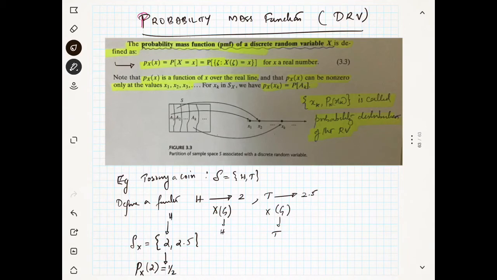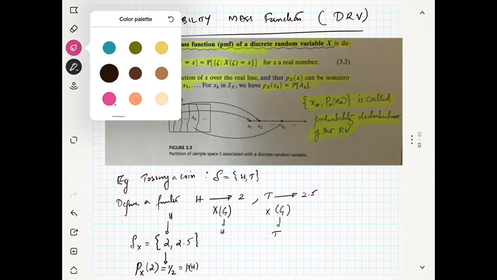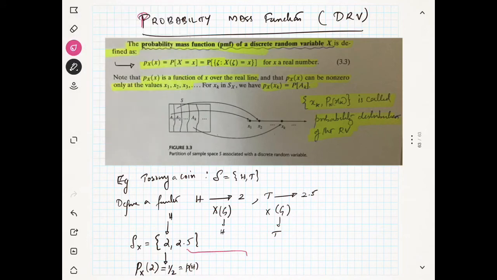Similarly, the probability that x takes the value 2.5 is again half, because it is the same as the probability of tail.